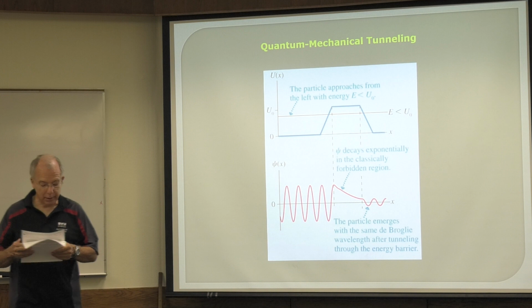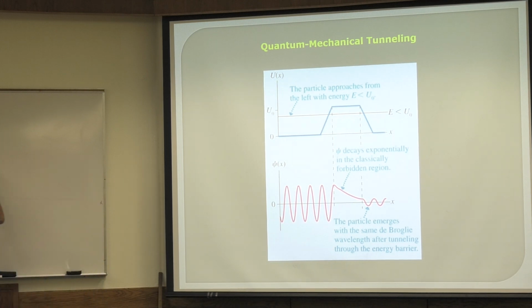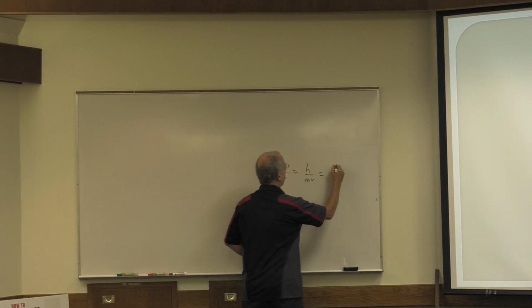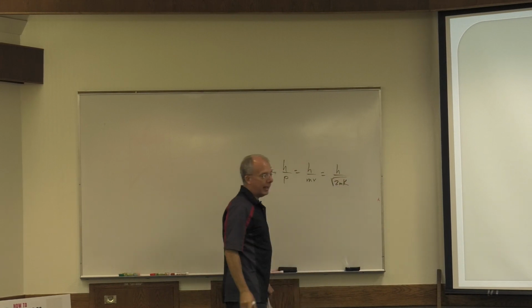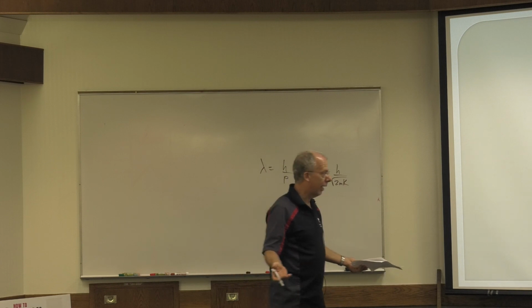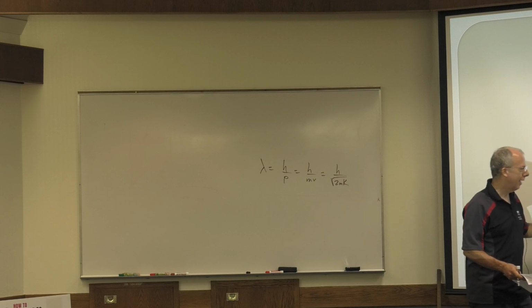Now, what does that mean? That means that the kinetic energy or the speed doesn't change, right? That's what it means. Now that's weird, right? I mean, think about it.